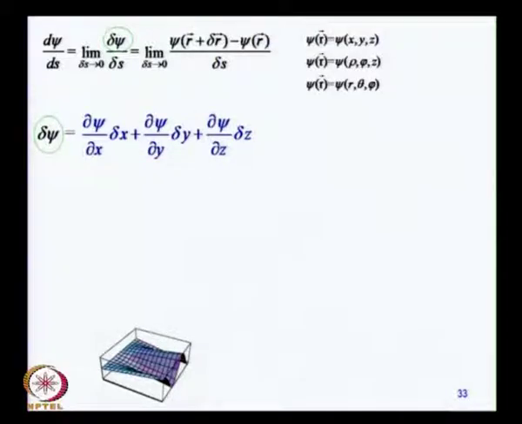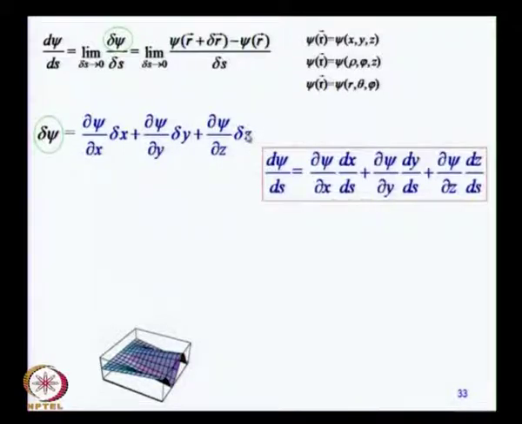We got expressions for the changes in delta psi at 2 neighboring points, 2 neighboring points which are separated comprehensively by delta x, delta y and delta z in Cartesian geometry, which give the directional derivative to be determined by the rate of change of the function psi with respect to each of these degrees of freedom x, y and z.